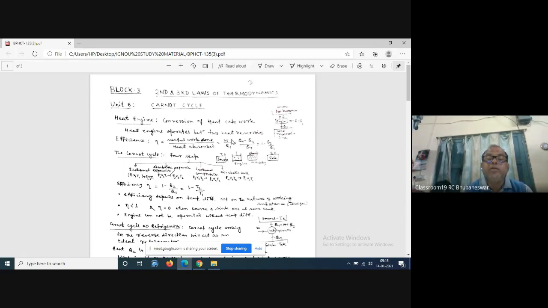Suppose you take Q1 heat from the source and reject Q2 heat into the sink, then the amount of heat converted into work is Q1 minus Q2. Q1 minus Q2 divided by the heat received from the source, that is Q1. If we divide, that becomes 1 minus Q2 by Q1.